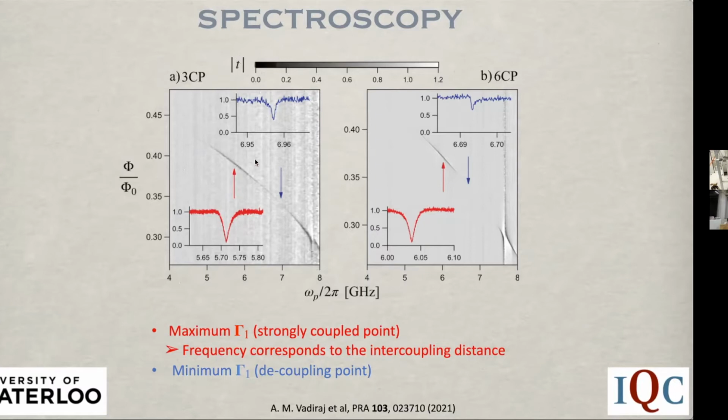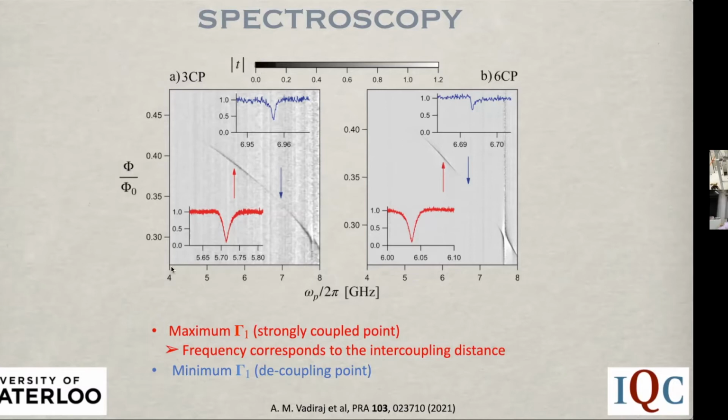What we see is that at particular points in frequency, we see a big dip. When we're far away from the qubit frequency, all the microwaves just go through, they don't interact with the qubit. But when we hit the qubit resonance frequency, the microwaves actually get reflected strongly, and so there's a big dip in the transmission. And how big this dip is tells us how strongly the microwaves are coupled.